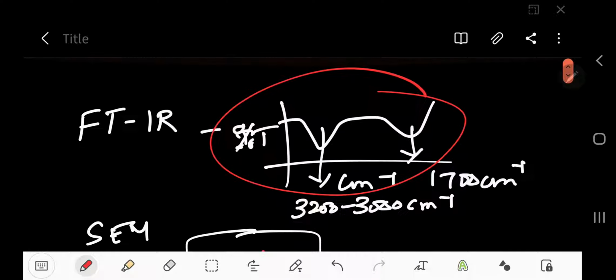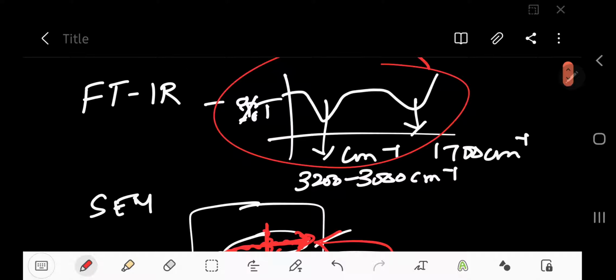To overcome this, what we can do, we can go for some other technique. To identify the technique, you can utilize this FTIR spectroscopy, in which there are two bands present. One of the bands is at 3200 to 3000 centimeter inverse, and in FTIR the infrared absorption happens due to the vibrational transition. There are three transitions: rotational, vibrational, electronic.